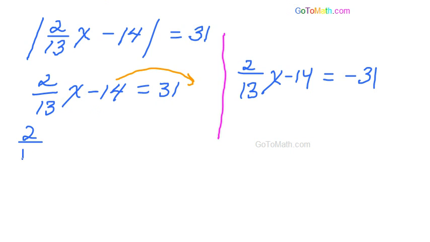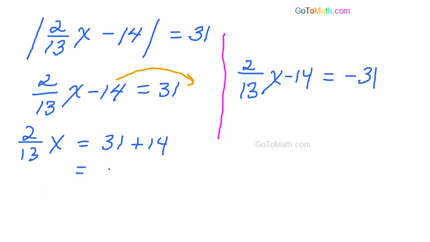So we end up with 2 over 13 x is equal to 31 plus 14. Alright. So at this point you should be working a whole lot faster than I am. And of course, if you go by the timer on the web page up in the right corner, that actually times your speed, or it tells you the time you should get this completed in.